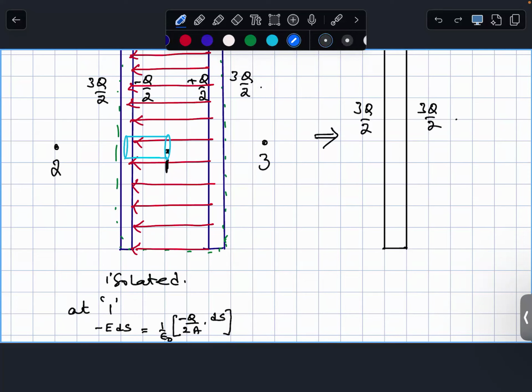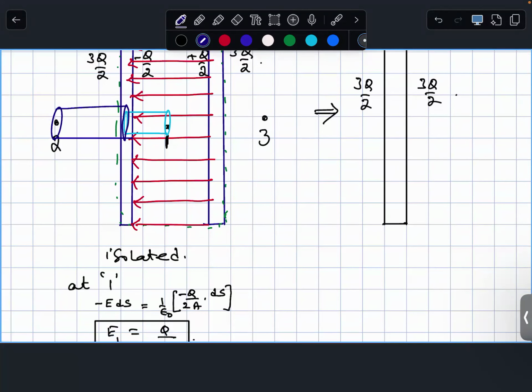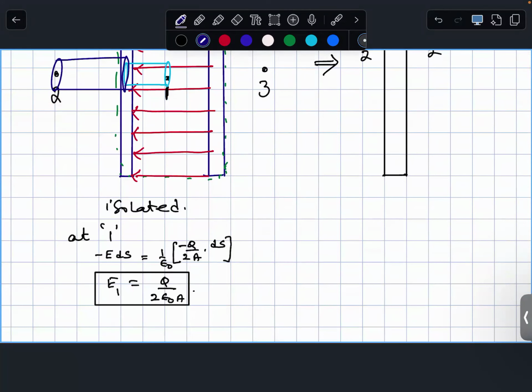Now I'll take my Gaussian cylinder like this. What nature of flux is this, outward or inward at 2? Outward.